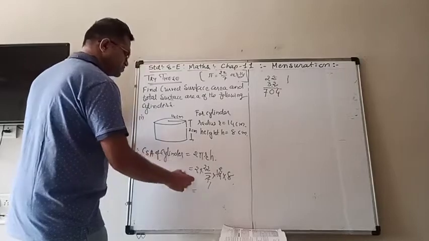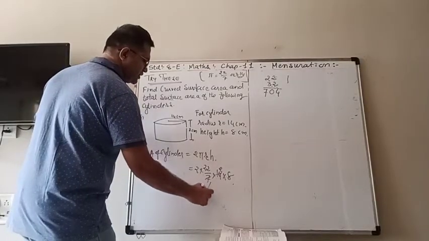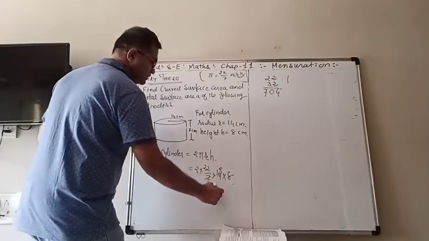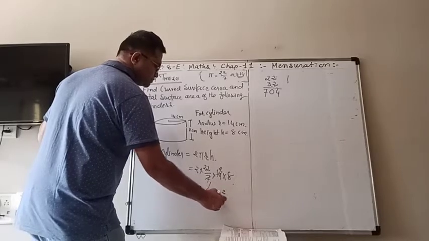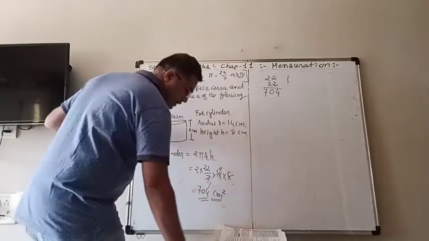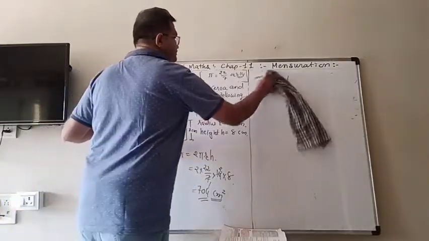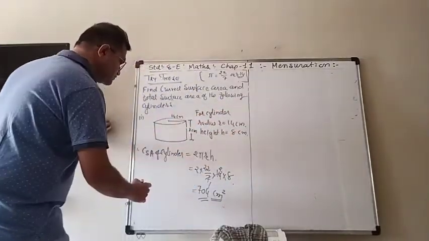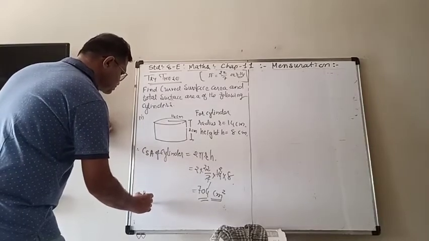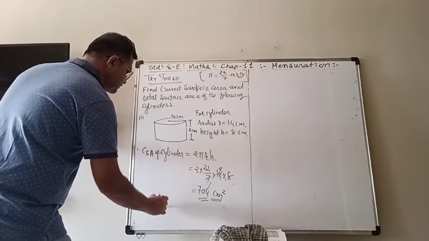So the CSA of cylinder will be 704 centimeters square. Unit, don't forget to write down. Similarly now TSA of cylinder.